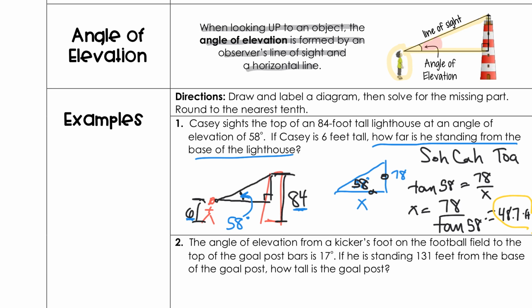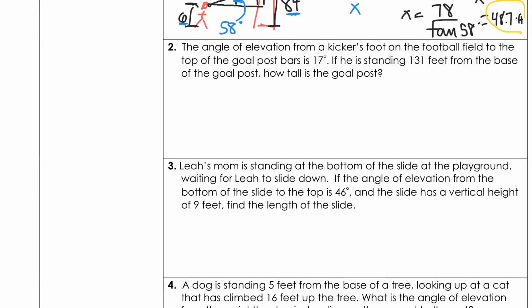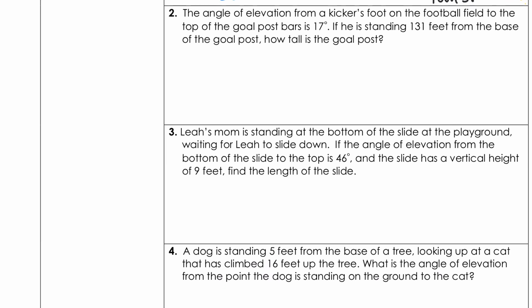Okay, let's look at another example. Example number 2. And 3 will be coming up. The angle of elevation from a kicker's foot on the football field to the top of the goalpost bars is 17 degrees. If he is standing 131 feet from the base of the goalpost, how tall is the goalpost?